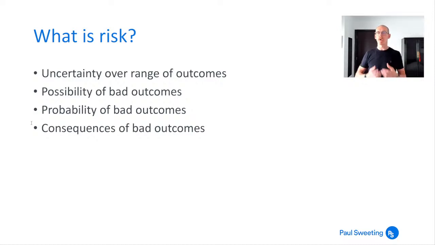But it might not just be the possibility of bad outcomes, so the fact that something could go wrong. It could also be the probability of bad outcomes, so actually putting a number on that. So when we're talking about risk in terms of, say, value at risk or standard deviations, that's what we're doing there. We're putting a number on it, and obviously standard deviations is more about uncertainty than around bad outcomes.